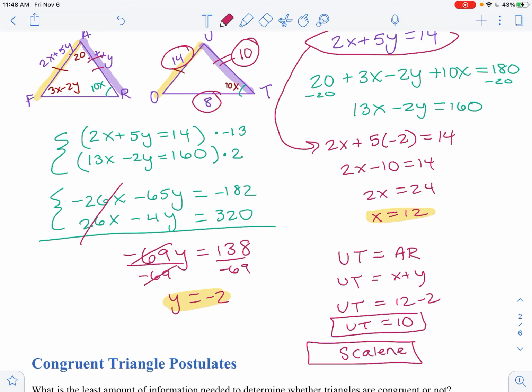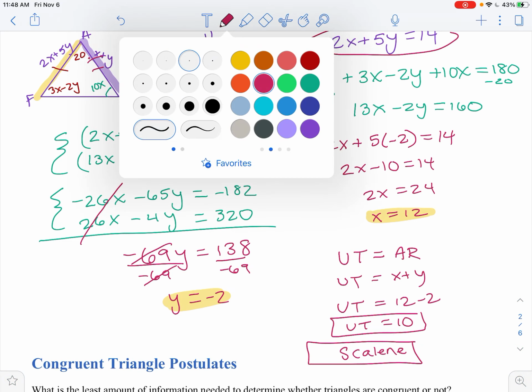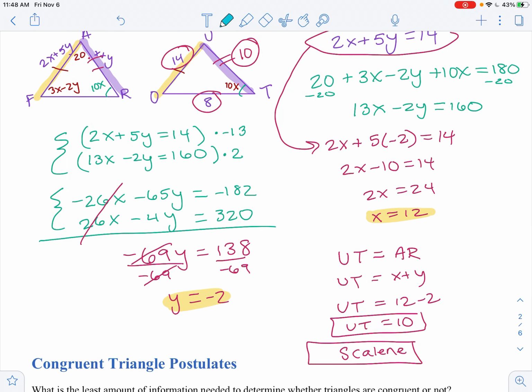In order to classify it by angles, I'm going to need to find what the angle measures are. I already know one of these angles is 20 degrees, so that's an acute angle. I need to substitute in for angle F and angle R to find out if those angles are also acute.